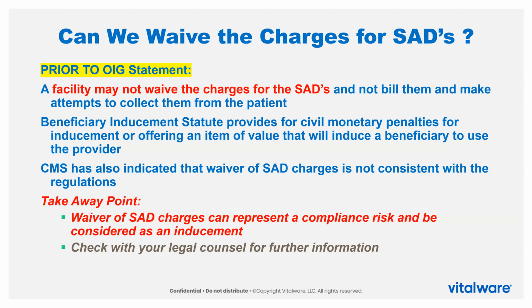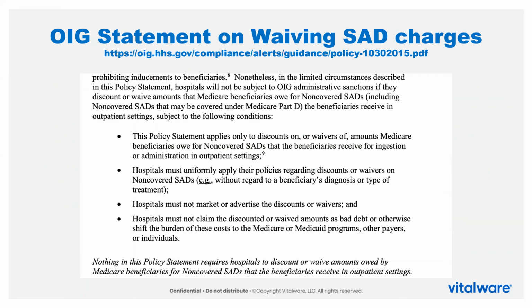If we go on to the next page, Dusty, the OIG took this on. This document is the alerts and guidance policy, but in 2015, so it's been a while now. And they said, nonetheless, in limited circumstances described in the policy, hospitals will not be subject to OIG administrative sanction if the discount they waive for non-covered drugs is for a beneficiary receiving outpatient services.